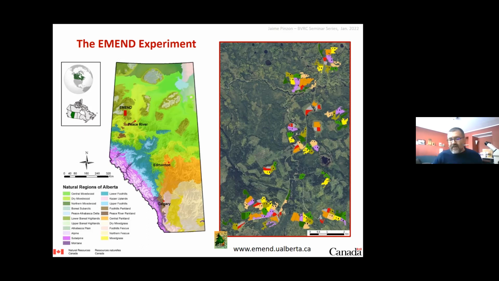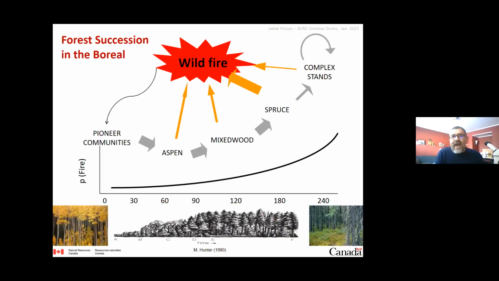So now we have different intensities of harvesting, and this is a very interesting setting for testing this idea of ecosystem memory. So now we have forest, the idea of forest succession, but now we are applying harvesting on those landscapes at different stand types, depending on the specific industry requirements. Some of them harvest softwoods, some of them harvest hardwoods.